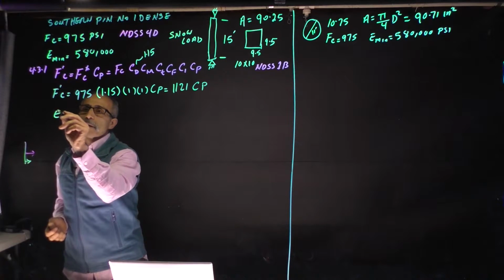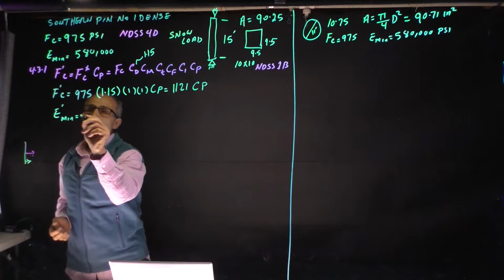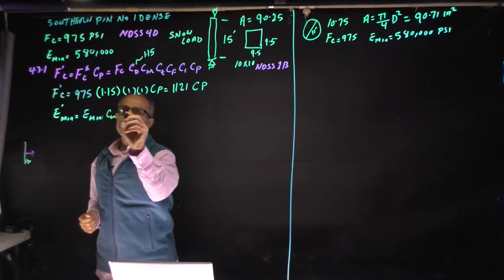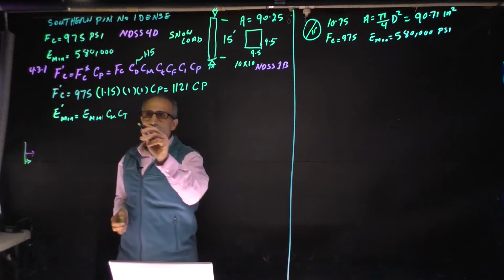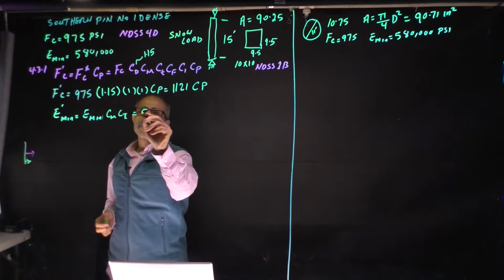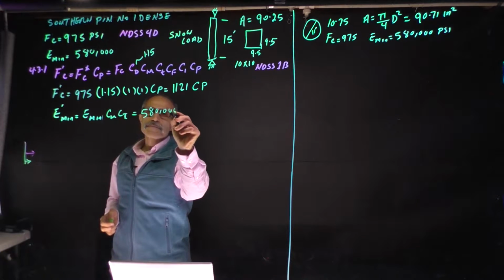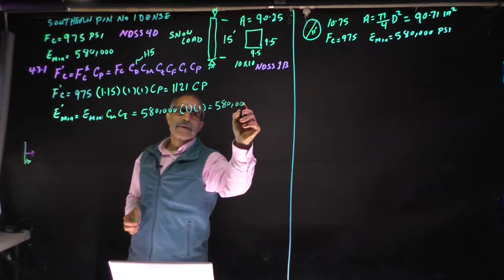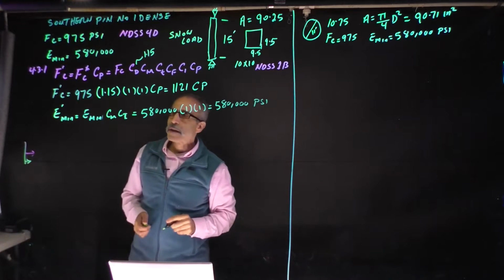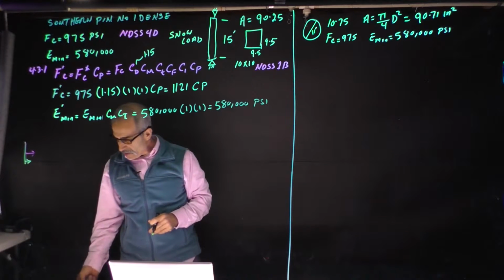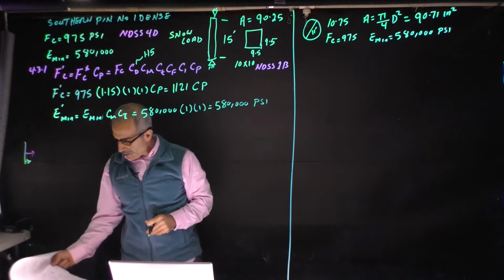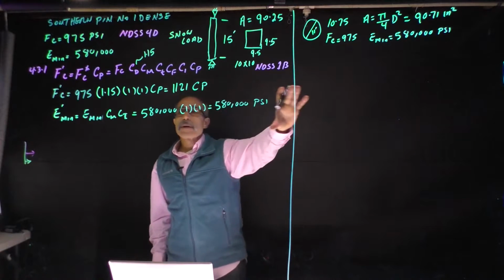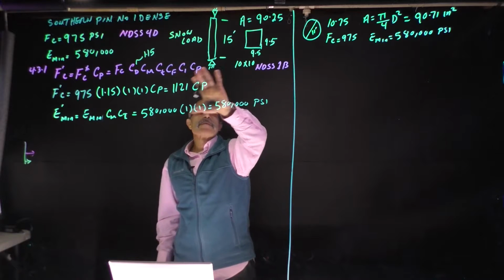And our E prime minimum comes out to E minimum times CM, Ct. The other factors are really 1, so it becomes 580,000 times 1, which is 580,000 psi. If we continue with the circular one, the same thing applies here because it's the same species, same length, same exact thing.